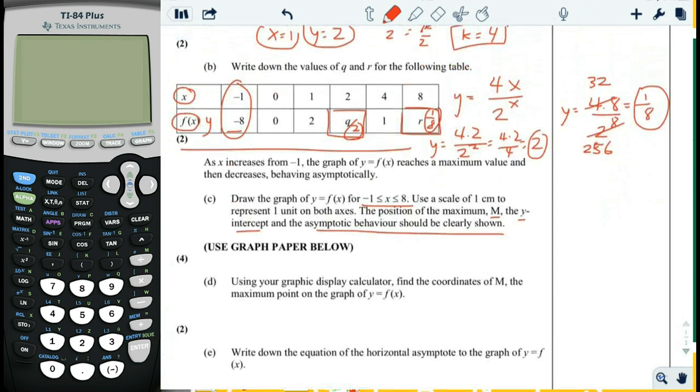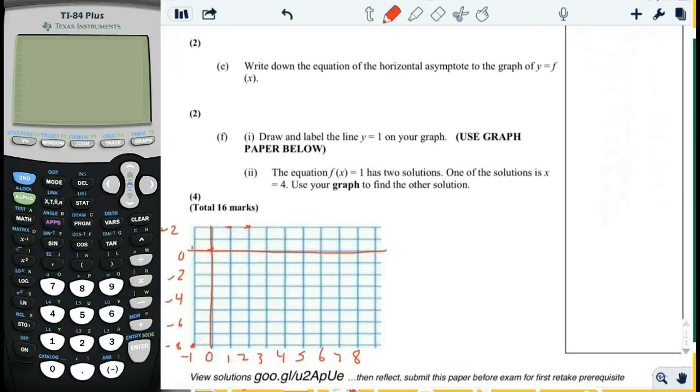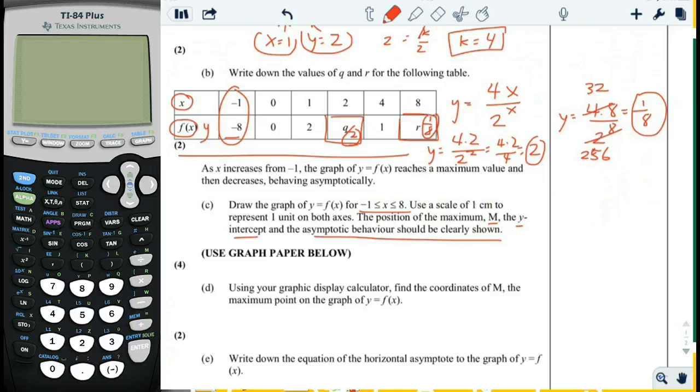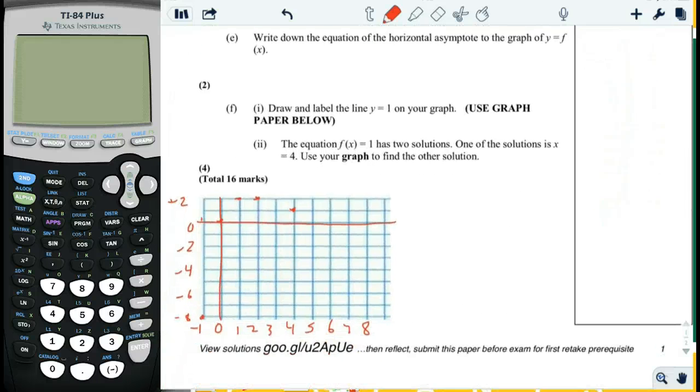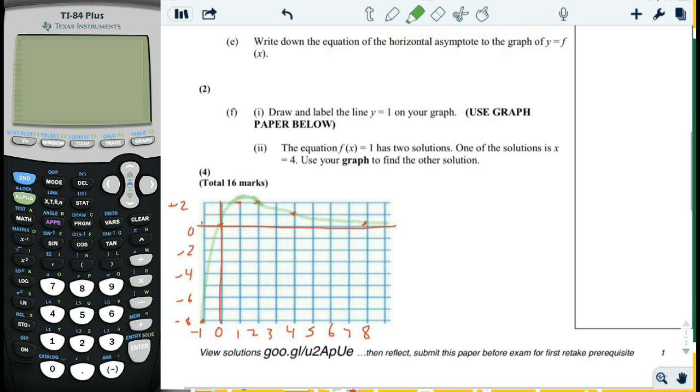Next point, 4, 1, right there. And then last point, 8, 1/8. So 8, 1/8, that would be very close to the x-axis there. And then we're just going to connect the points so they kind of go like this, right? Okay.